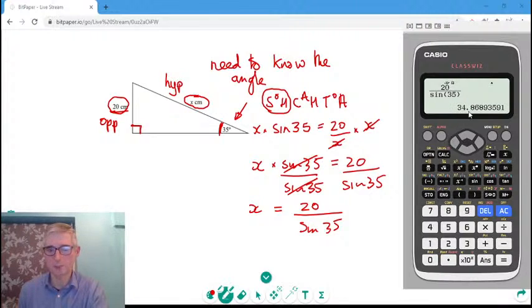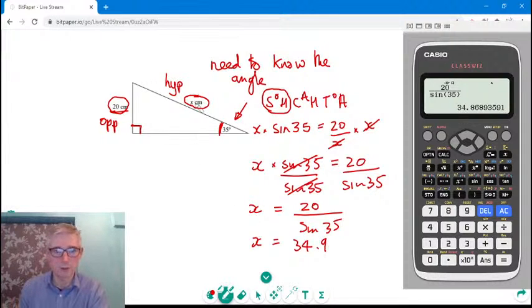The length of the hypotenuse in this case is 34.868, etc. Rounded to 1 decimal place, that's 34.9. And the units for this one, so it's important to look at the units in the question, are centimetres. So there we go.